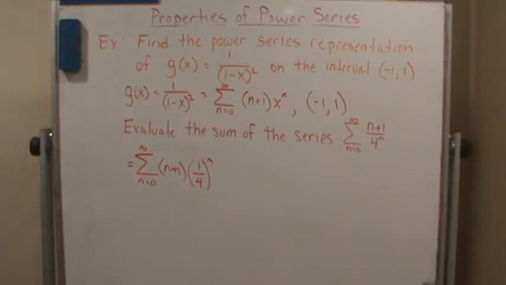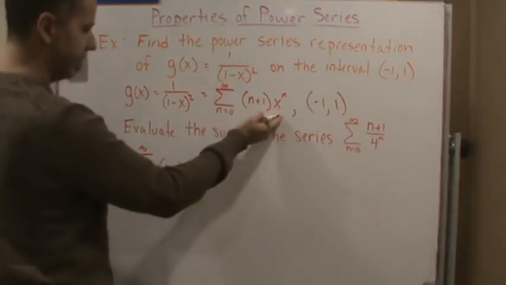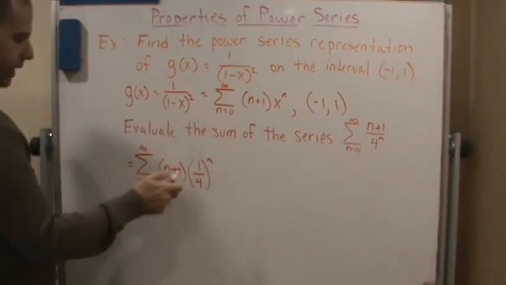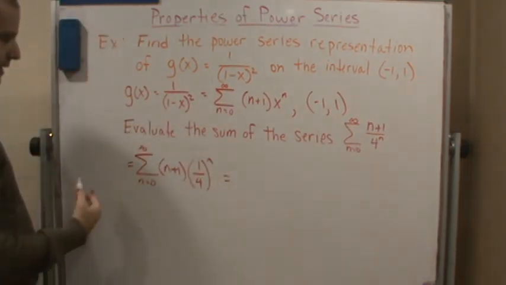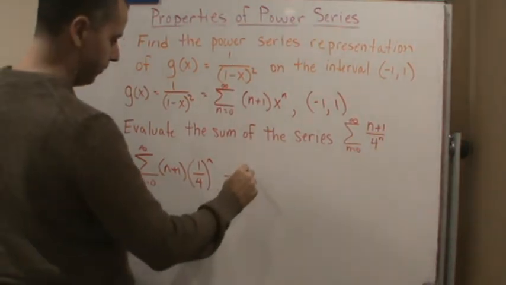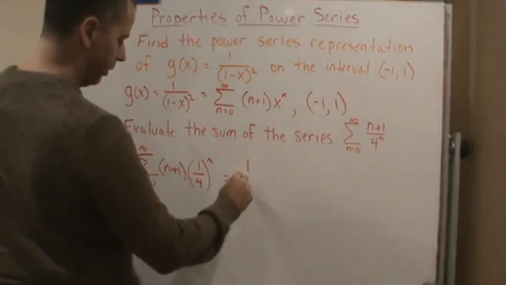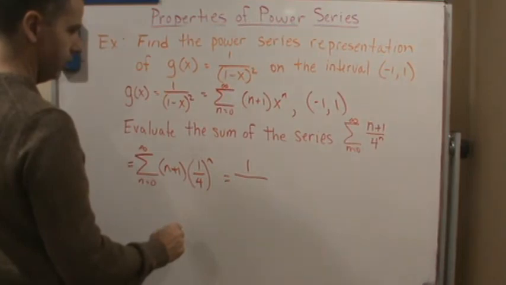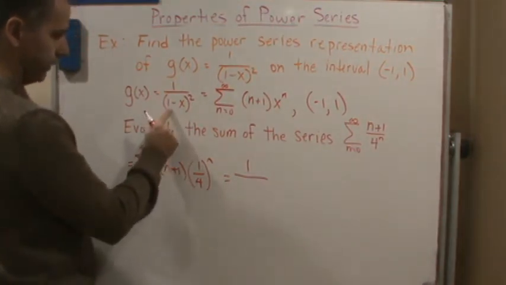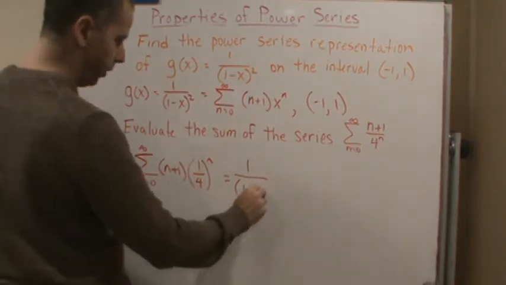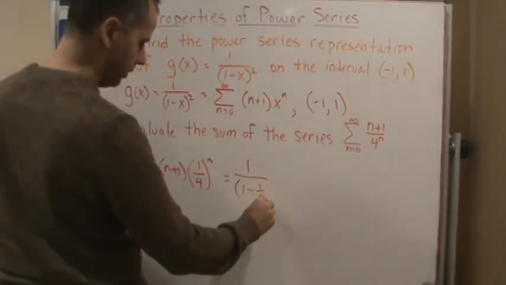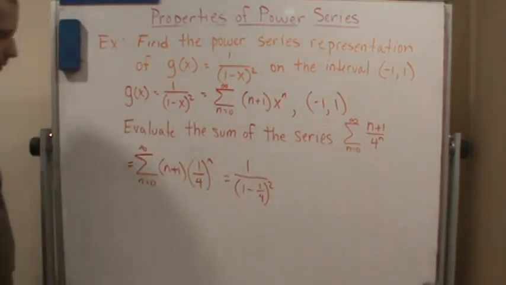Now we know this is equal to this, right? So we know that this is equal to 1 over what? 1 minus 1/4, squared, right?